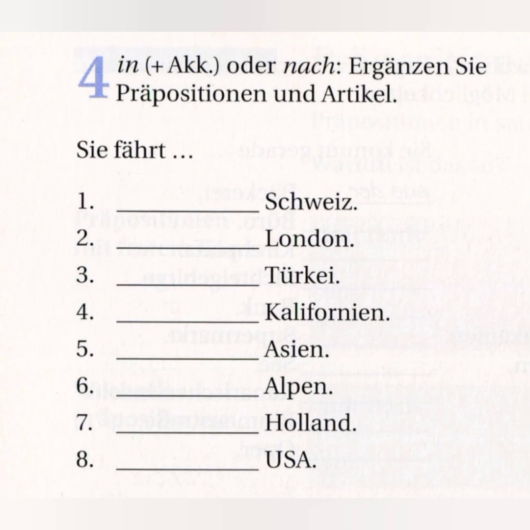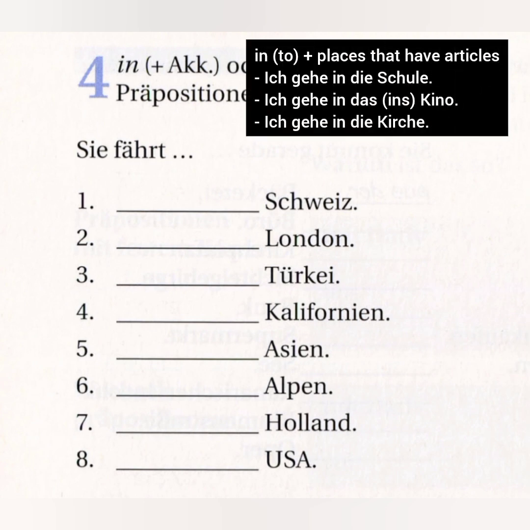The next thing I'd like you to note down is this, that in is only used with places that have articles. Kindly write that one down. That's why you say, ich gehe in die Schule.